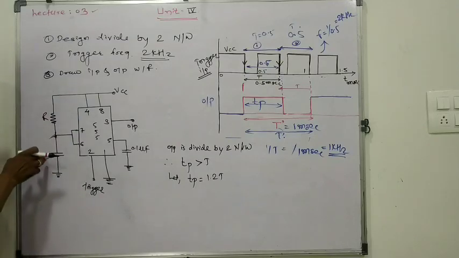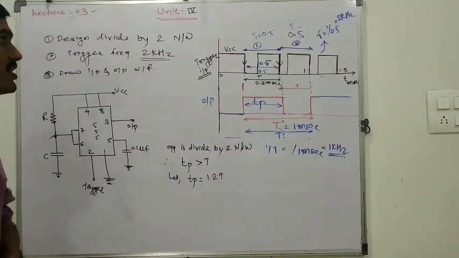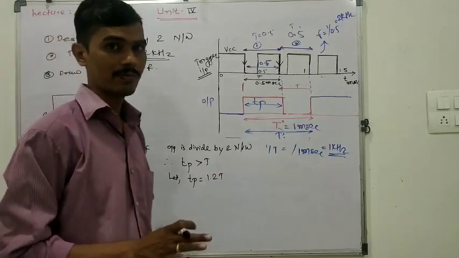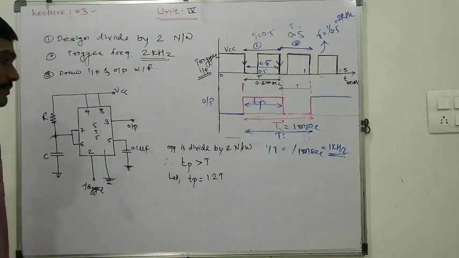So by assuming the capacitor, we have to design the value of R. And if it is an astable multivibrator, then we have to design the values of RA and RB by assuming the capacitor value C.